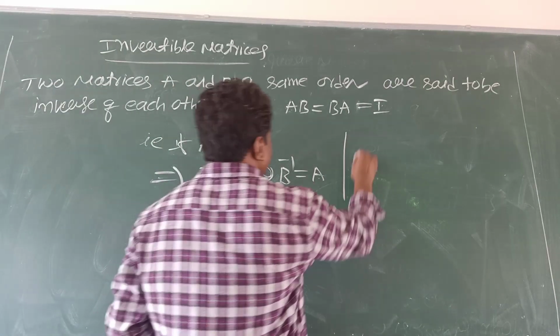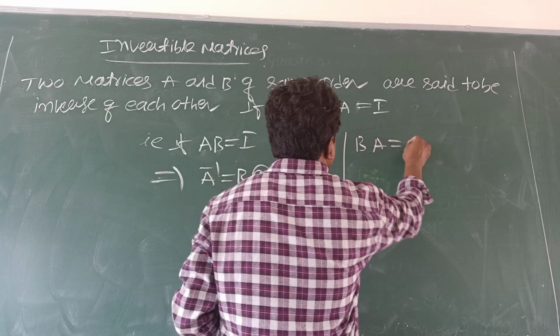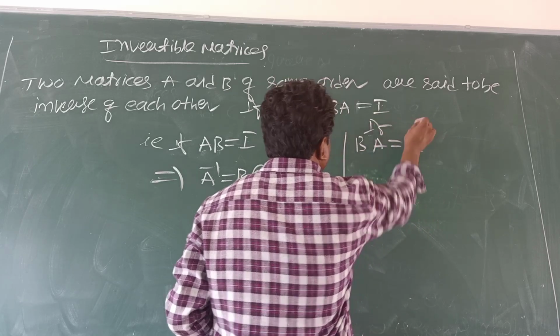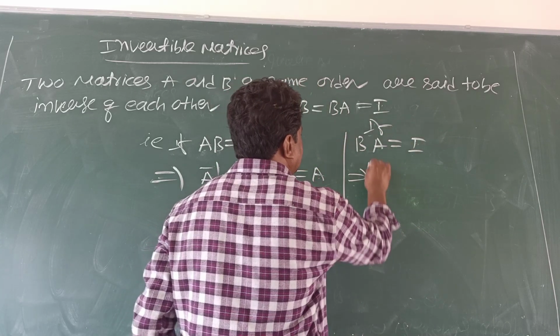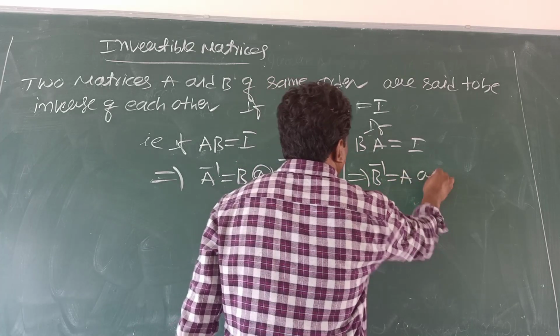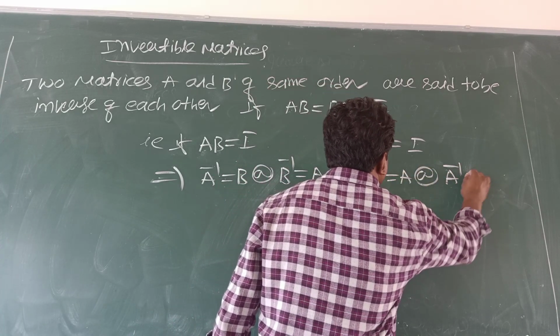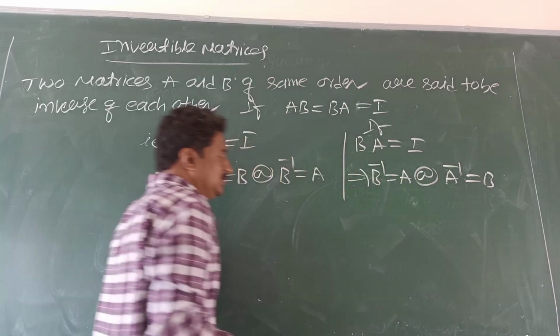Or even if BA is equal to I, that implies B inverse equals A or A inverse is equal to B.